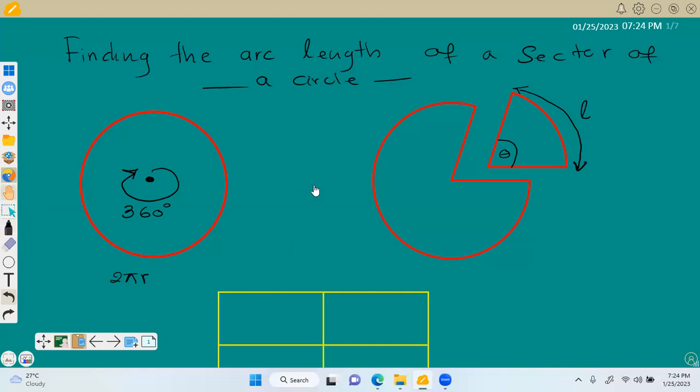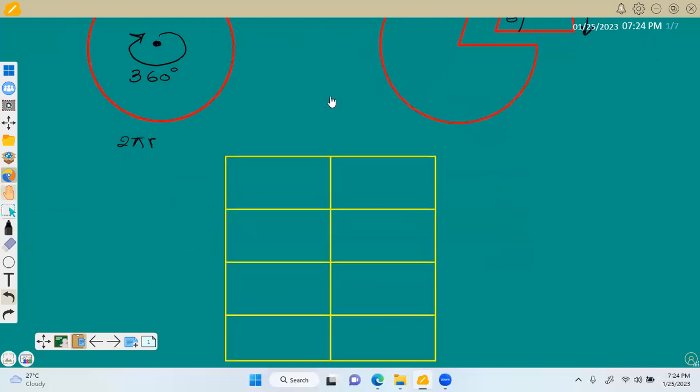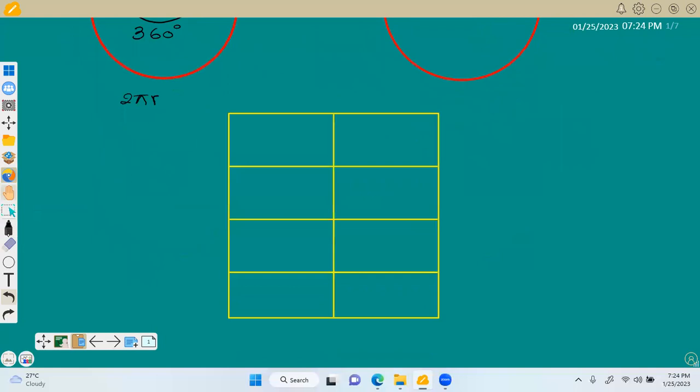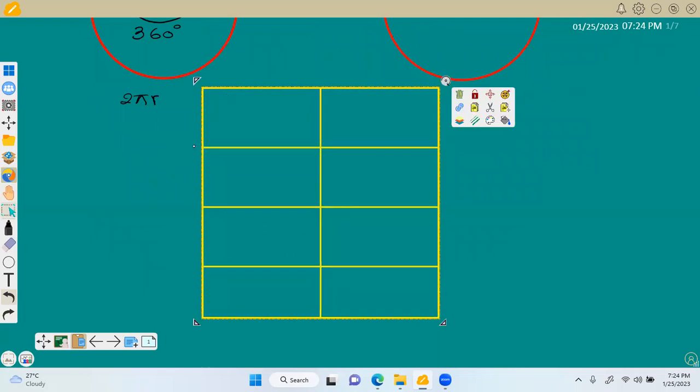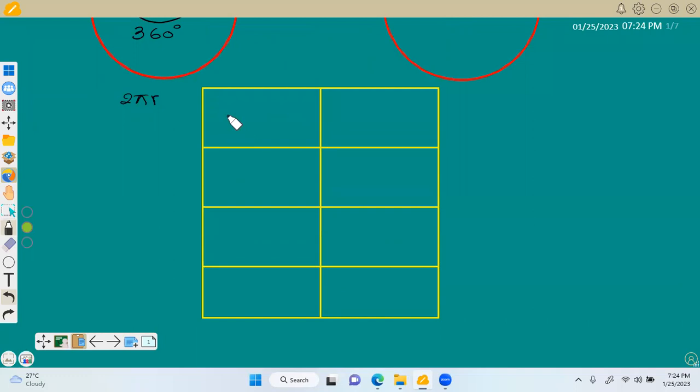For the complete 360 degrees it is 2 pi r. I will consider the angle and the arc length. If the angle is 360 degrees, the arc length is 2 pi r.